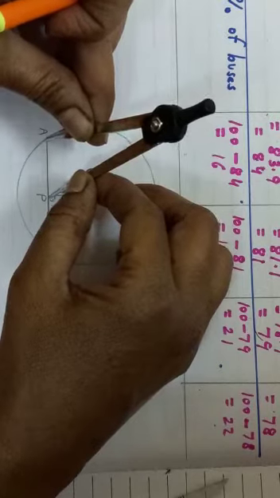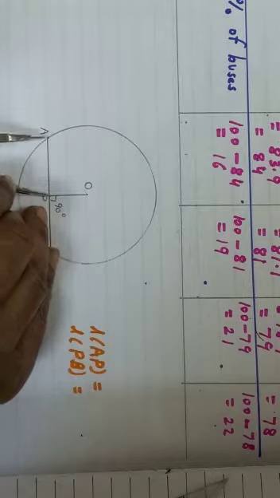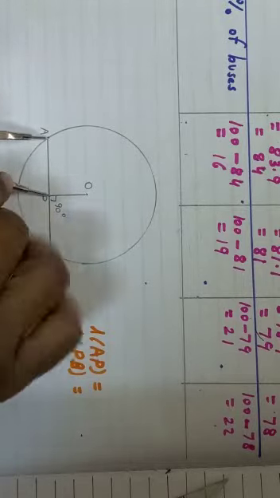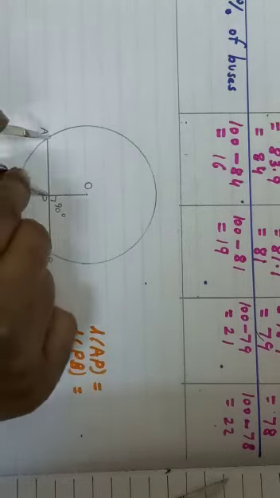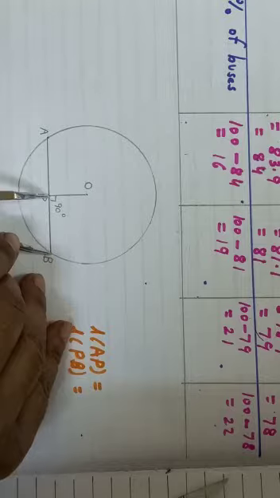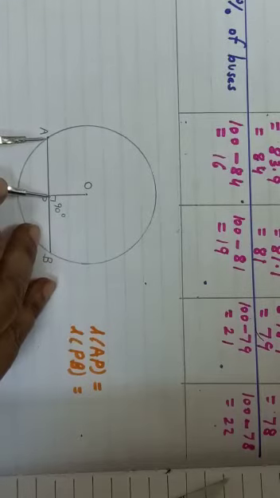See, this point P here and point A here. And here also, point P and point B. So is it exact or not? See, here also and here also.